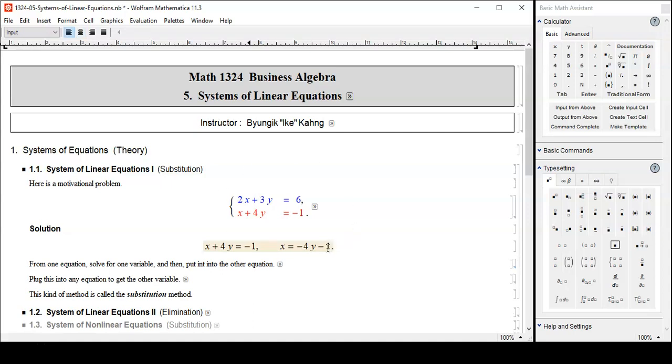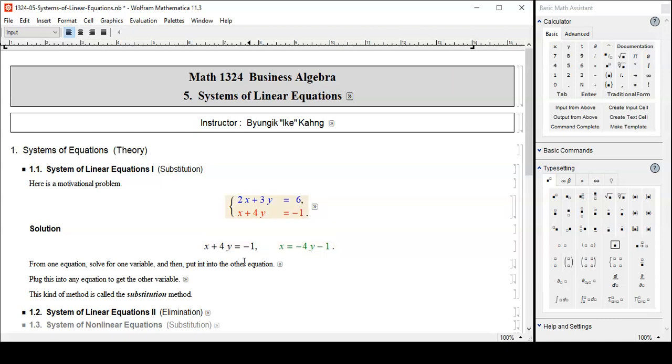Alright, I solved for one variable successfully. And let me highlight this in green. And let's use the green equation and substitute it into the original equation. Which one? I have to use the first equation. This green equation actually came from the second equation, red.